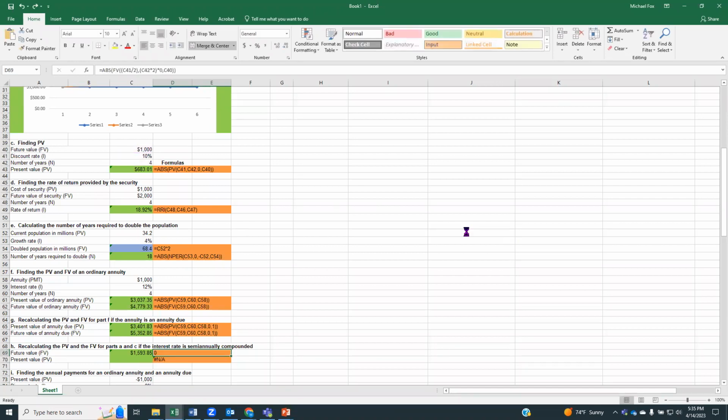Okay, I'm having a hard time here. So do it one more time. Equals the absolute value of future value of rate for C divided by 2.